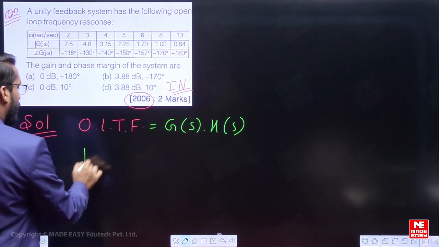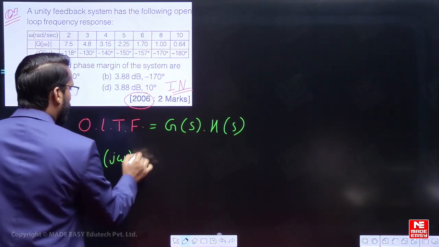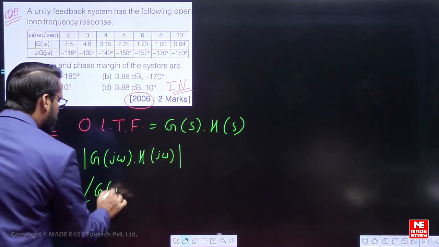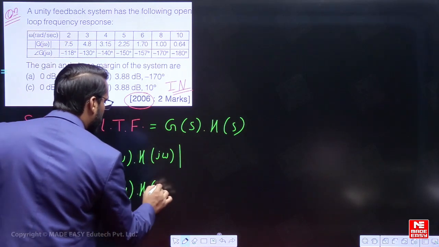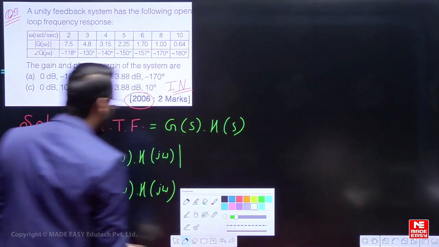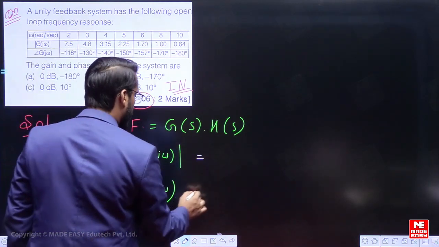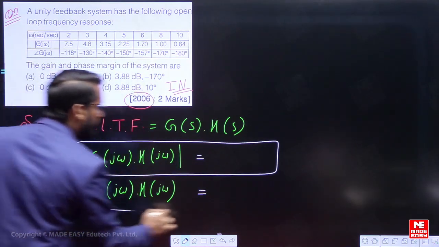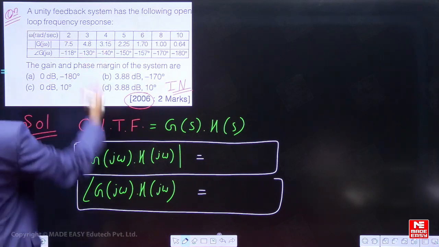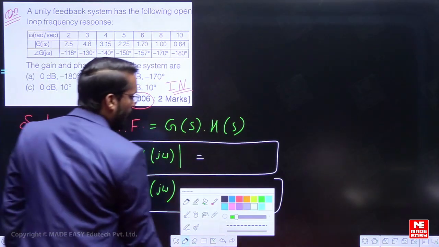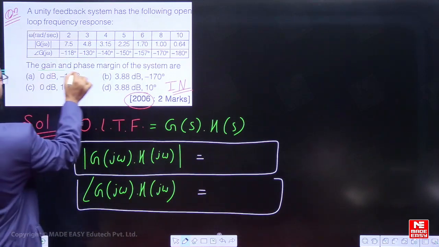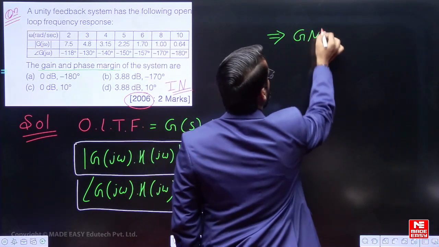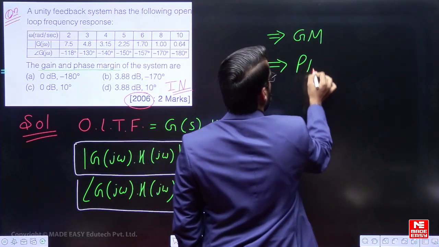So definitely the examiner has given us the magnitude response as well as the phase response with respect to the different frequencies in the table. The examiner wants to know the gain margin and the phase margin.